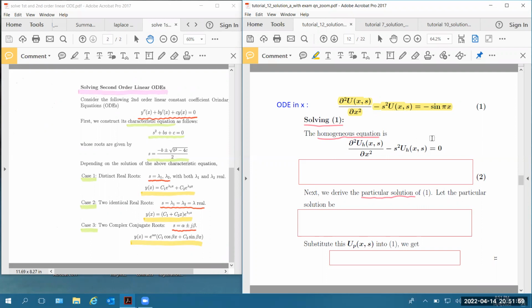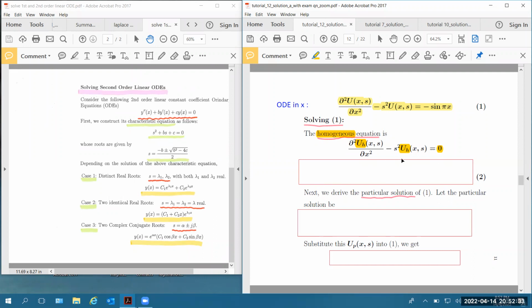So let's consider the homogeneous solution. Homogeneous solution means that instead of having this term here, you just put it as 0. And of course, I don't write u, I write u_H, because the H stands for homogeneous. So let's go and solve this. Using this one here, you get the characteristic equation and so on.